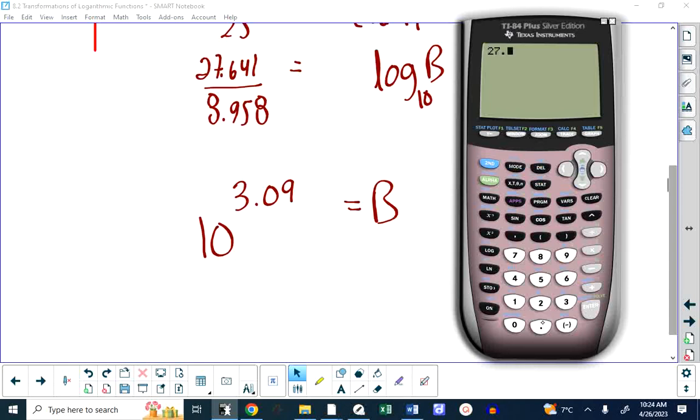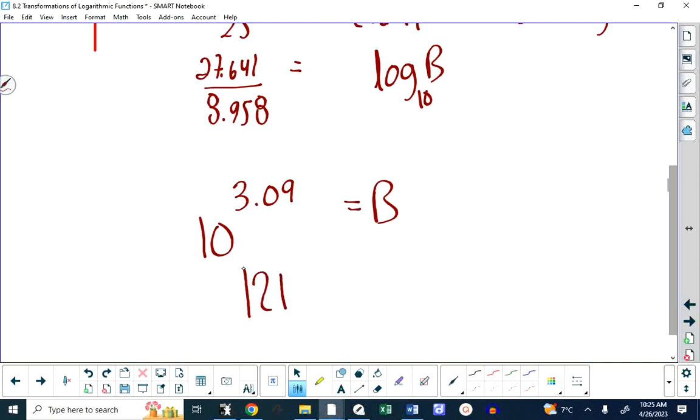So 27.641 divided by the 8.958. There's that number that Will was talking about. Now we go 10 raised to that. 1,217.9. Now, we can't have part of, well, I guess you can have part of a butterfly if my cat's been out there, right?